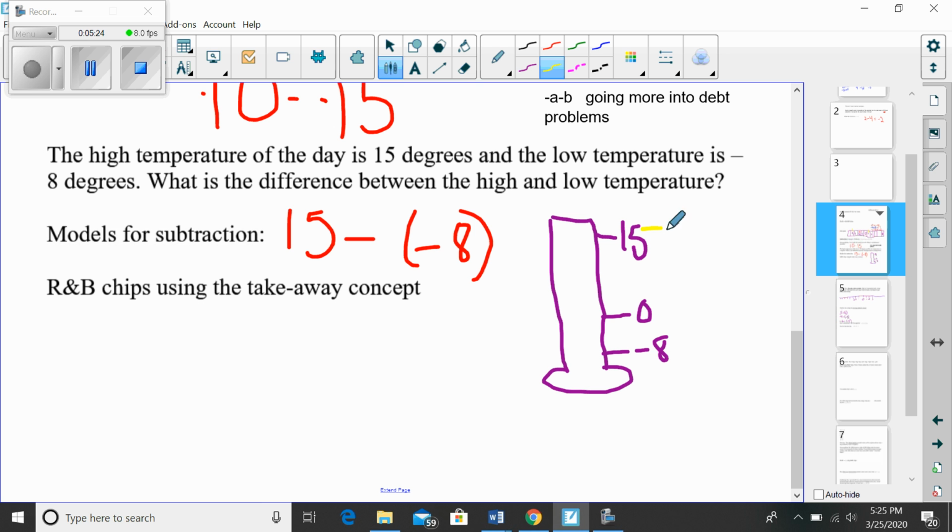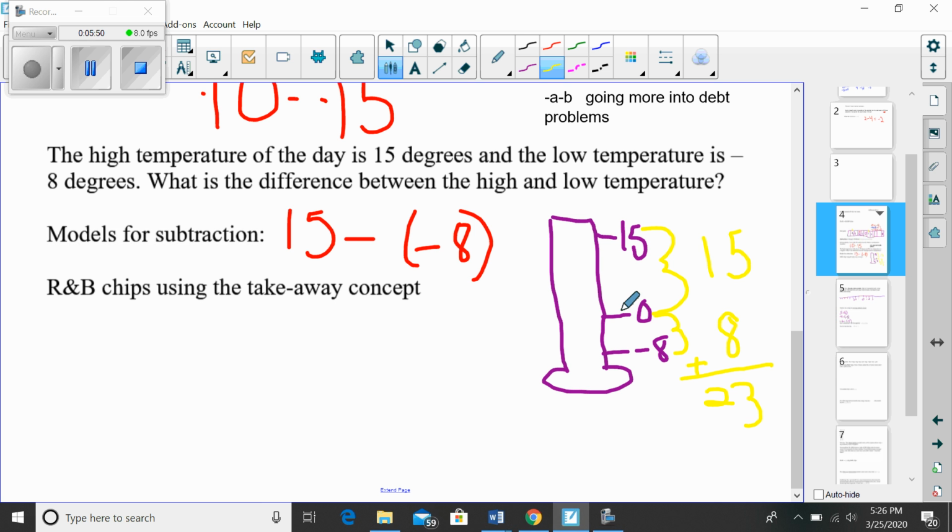Here's 0. So when I start at 15, I go down to 0, but then from 0 to 8, that difference is 8. So the total amount of difference here is 23.